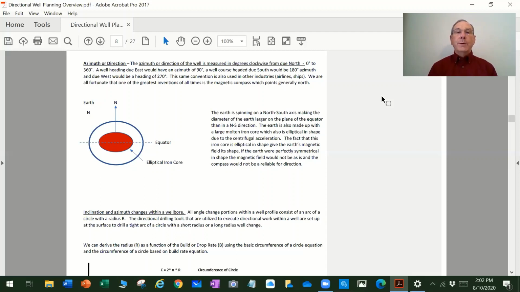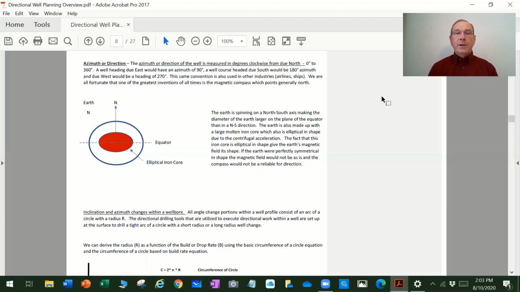A well course headed due south would be 180 degrees azimuth, and a well that's going due west would have a heading of 270 degrees. This same convention, as far as I know, is used worldwide by almost all industries, even airlines, ships, and transportation use this same convention for direction.